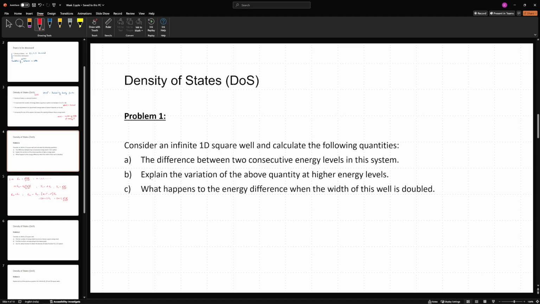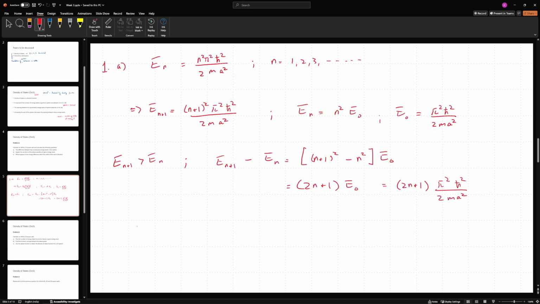Now what is part B? Explain the variation of the above derived quantity at higher energy levels. So let us move to part B. What happens as n increases? Let me call this quantity delta n plus 1, because n plus 1 is the higher energy level.